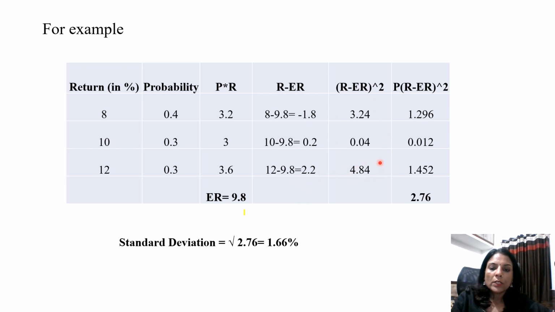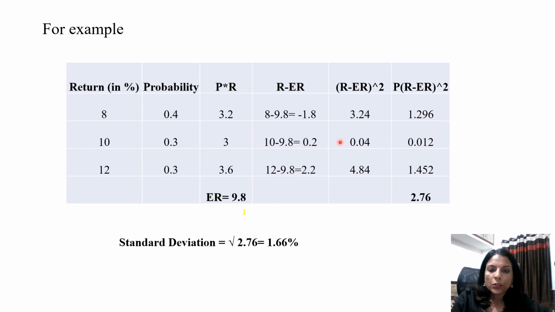So this column we have calculated, that is the square of return minus expected return. Now this column should be multiplied by the probability values. The last column is P into (R minus ER) squared. So the first probability is 0.4. This 3.24 should be multiplied by 0.4, which will give you 1.296.